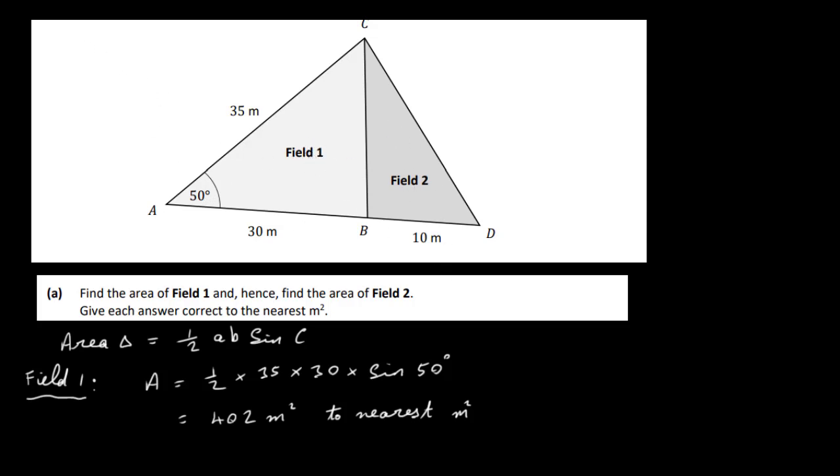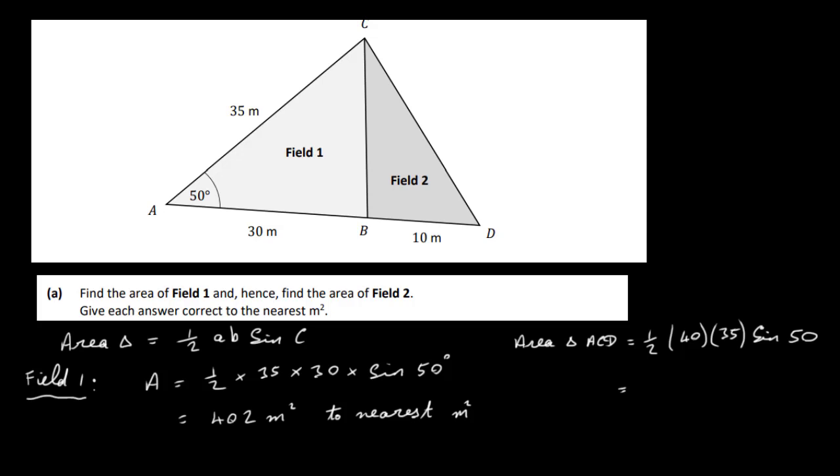So it's the same kind of thing again. Let's see, the area of the triangle ACD is going to be half of 40 times 35 and then sine 50 again. So that's the area of triangle ACD, the big triangle.